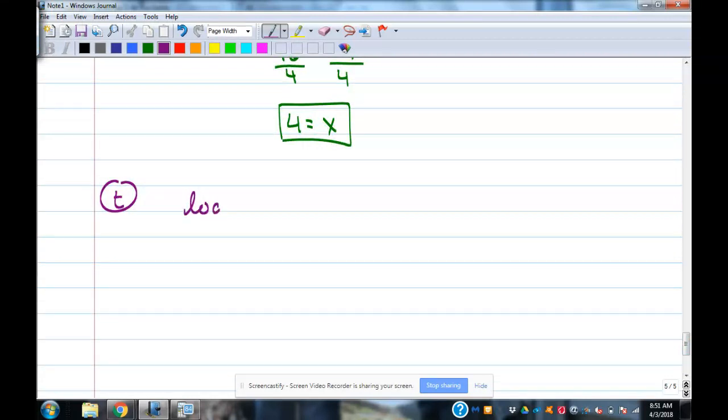Log base 3 of 3 to the 6x equals 42. Can I do this just like I did the last two?